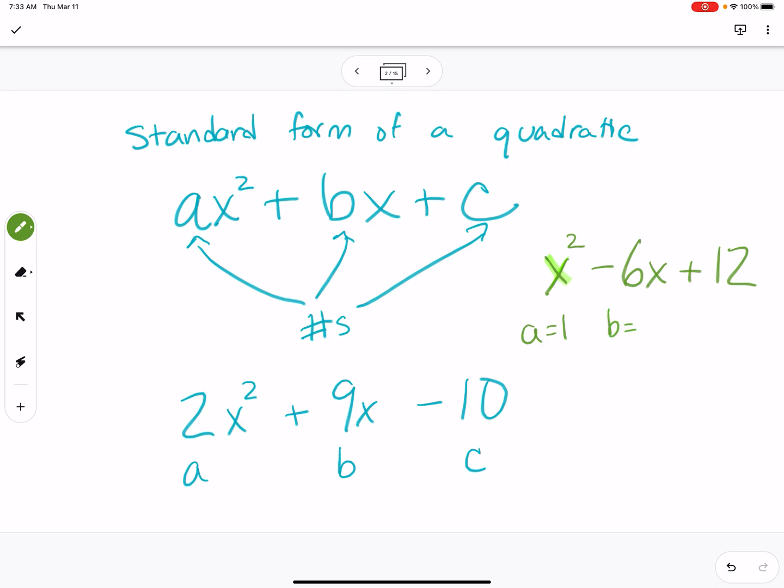B should be that second value. Don't forget to include the sign in front. B would be negative 6. And then C would be this positive 12 at the end. Okay, so now that I have that piece of information, what can I do with it?